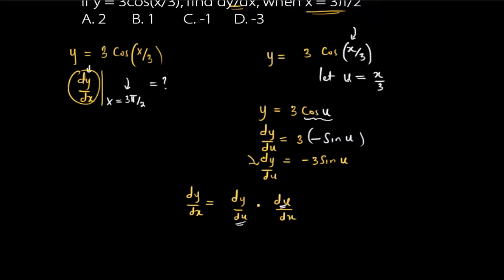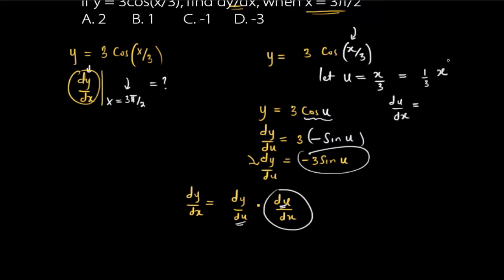What we have here is u equals x all over 3. I have my dy/du, but how do I get du/dx? Since u equals x all over 3, which is the same thing as 1 all over 3 times x, du/dx is simply 1 all over 3. So my du/dx is 1 over 3, and my dy/du is -3 sine u.